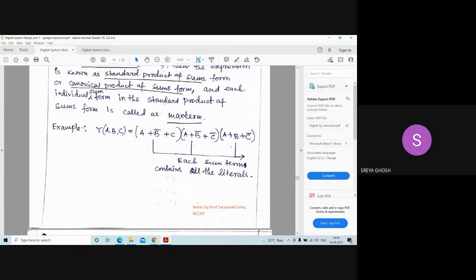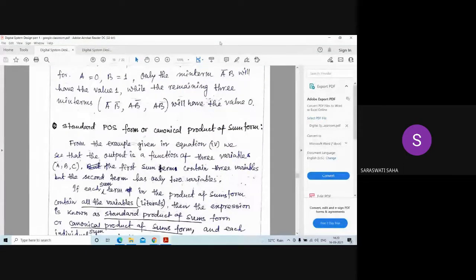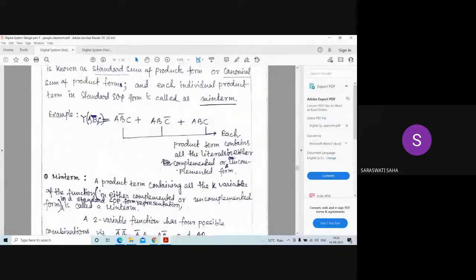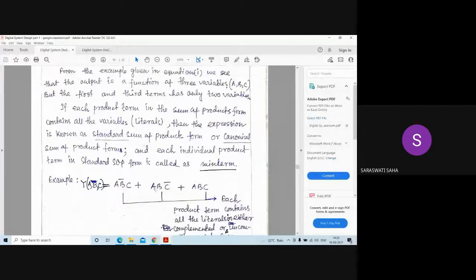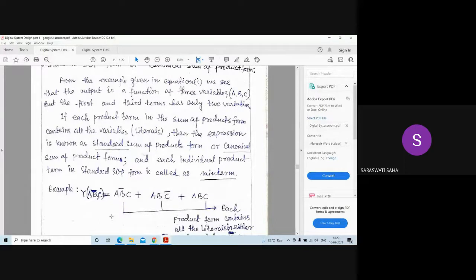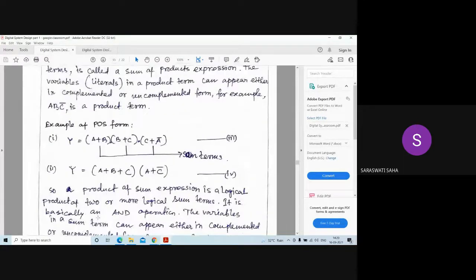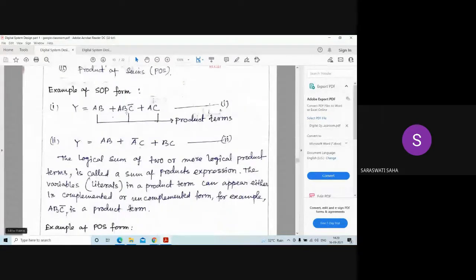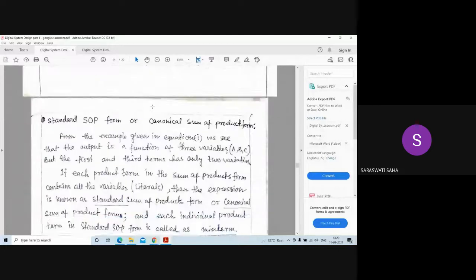Concept in the sense, when are we calling it normal sum of product and when are we calling it a standard sum of product form. Here are the representations, one example is given here, another example is given here.